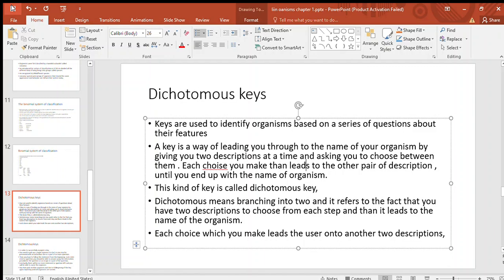This kind of key is called a dichotomous key, which gives you two descriptions at a time until you arrive at the name of the organism.